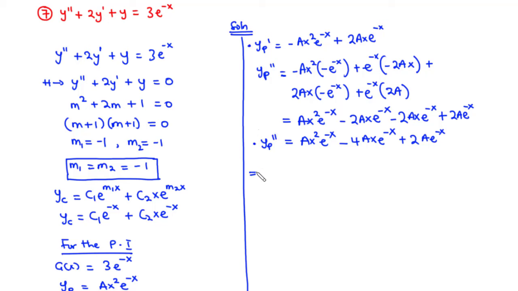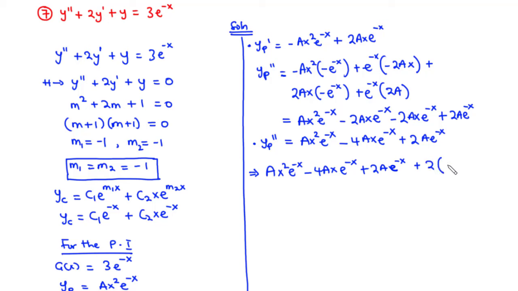Now from the differential equation given, we have y prime prime plus 2y prime plus y equals 3 times e to the power negative x. So y prime prime, that is ax squared e to the power negative x minus 4ax e to the power negative x plus 2a e to the power negative x, plus 2 times y prime.